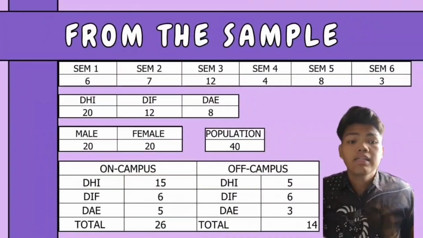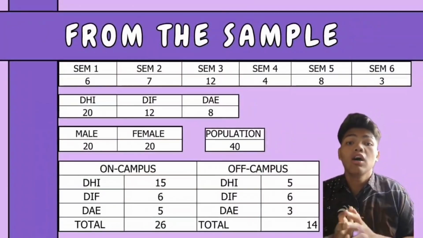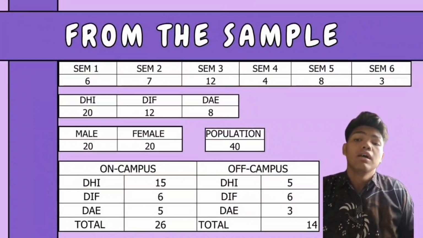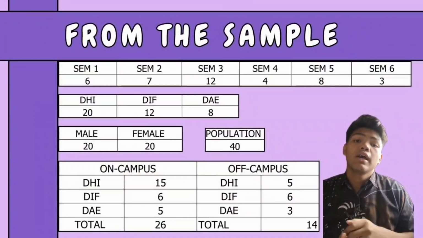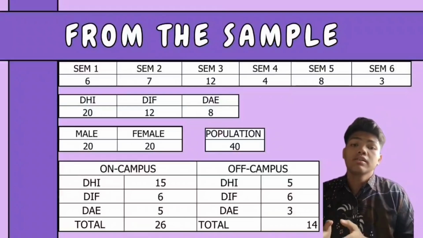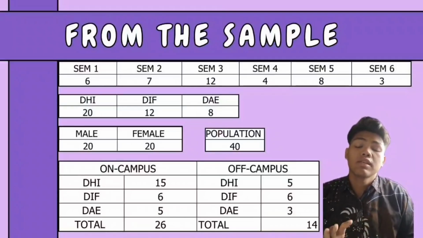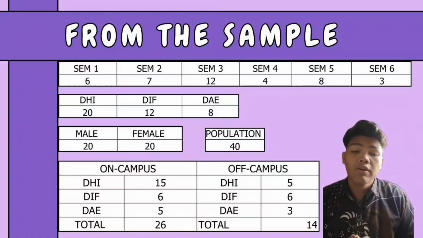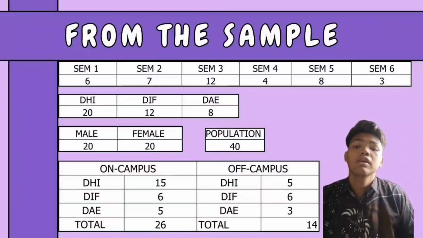So the next slide shows our sample consists of 40 students, split by semester, program, gender, and residency. On the semester, we have 6 semesters: Sem 1 we have 6 students, Sem 2 we have 7 students, Sem 3 we have 12 students, Sem 4 we have 4 students, Sem 5 we have 8 students, and Sem 6 we have 3 students.